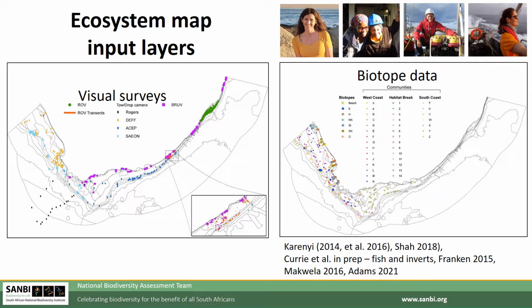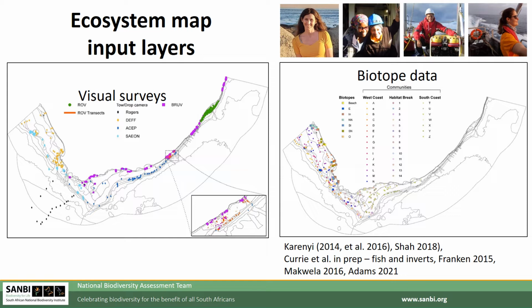Two of the other data sets that have been really useful in advancing South Africa's marine ecosystem classification and mapping work include the work from visual surveys. So we've used remotely operated vehicles, tow and drop cameras, and baited remote underwater video and collected data in situ, and this really allows us to see these ecosystem types. So it's quite a different type of data and approach from, for example, benthic macrofauna by grab, or the kind of data that's collected in trawl surveys.